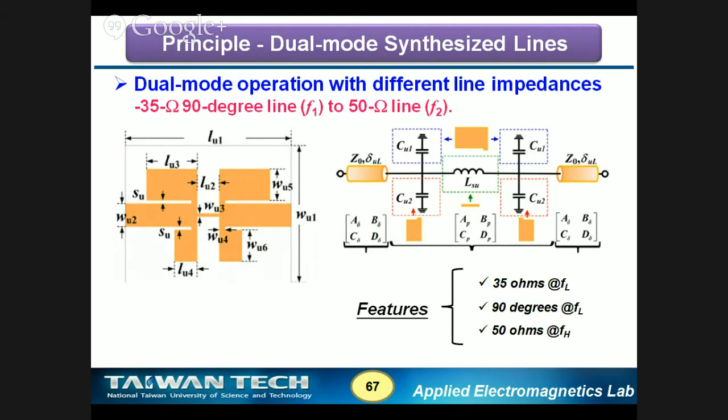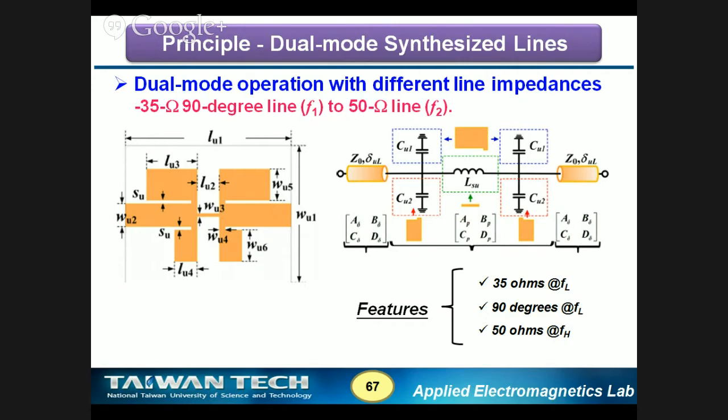At the same frequency, the electrical length must be equal to 90 degrees. And the third condition is that at a higher frequency, the characteristic impedance of the line must become 50 ohm. So we have three conditions.